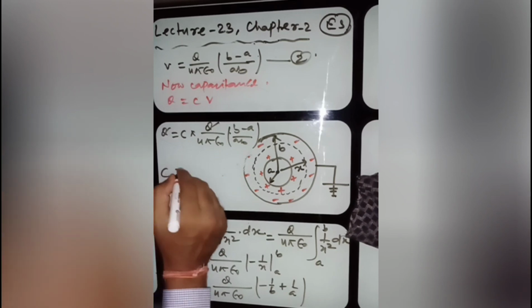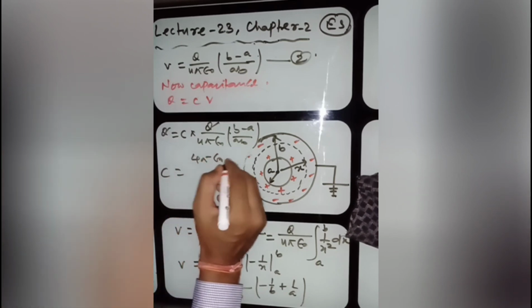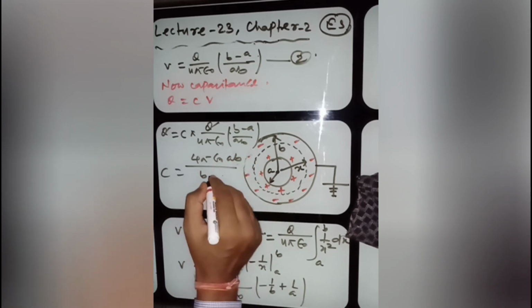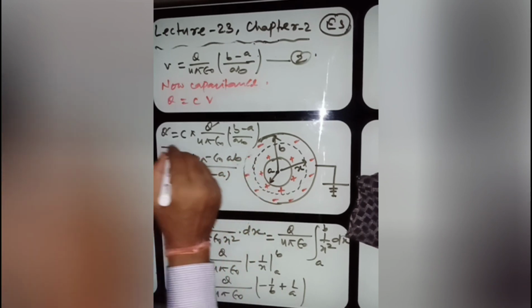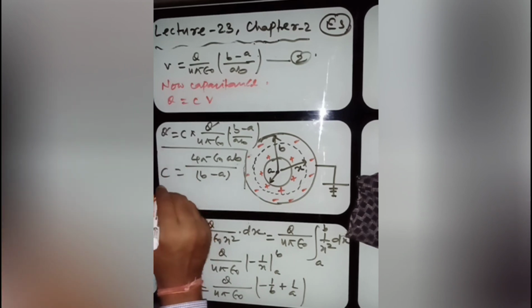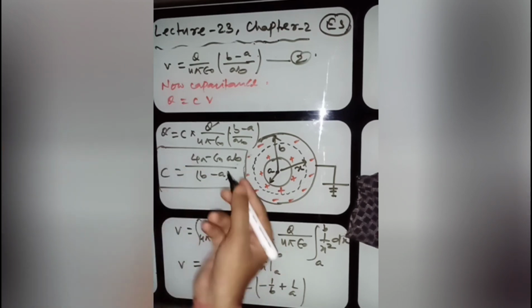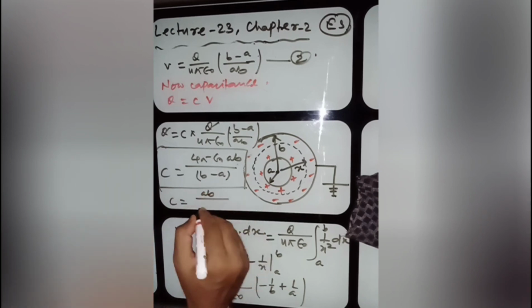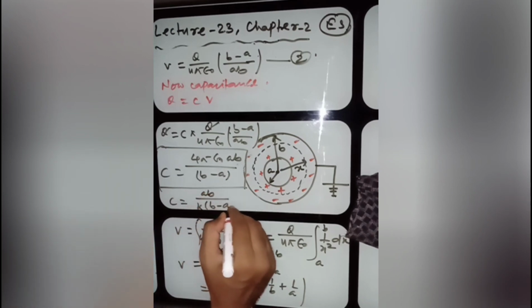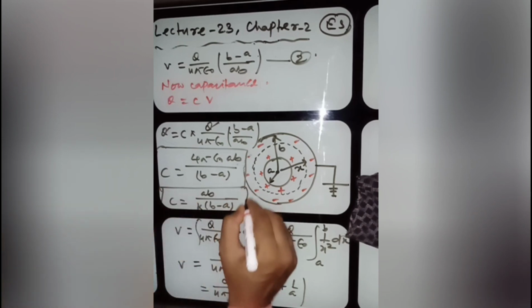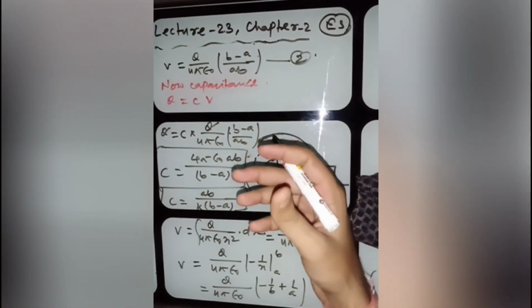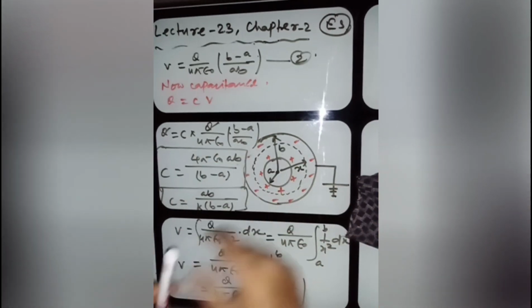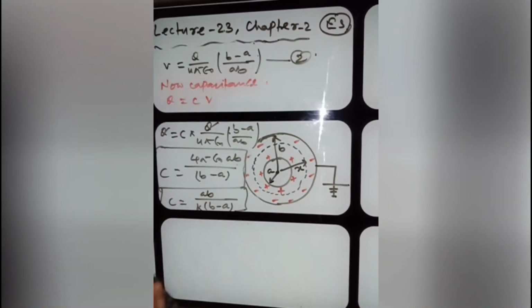Q cancels out, so C will be 4 pi epsilon naught times AB by B minus A. Okay, my dear students. Or this can also be written as C equals AB by K times B minus A. This is another form of the capacitance of a spherical capacitor.